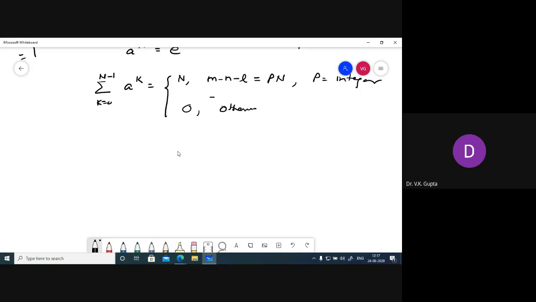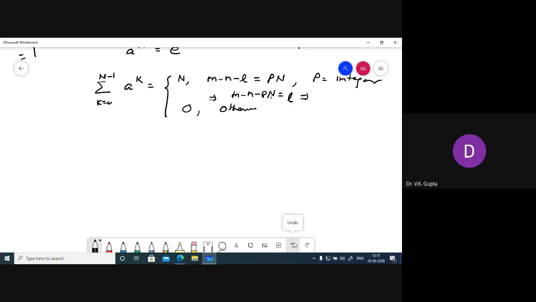Or we can write m minus n minus pN is equal to l.